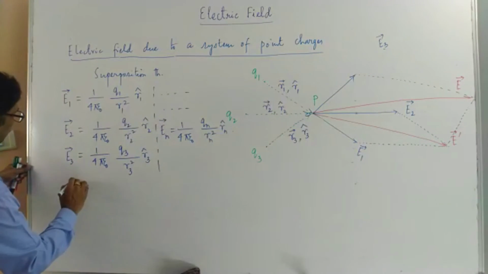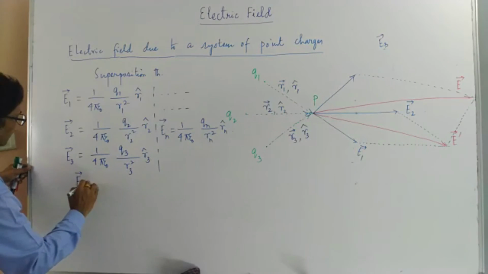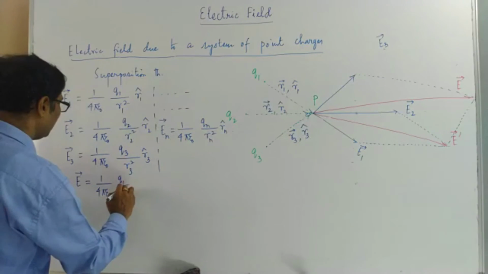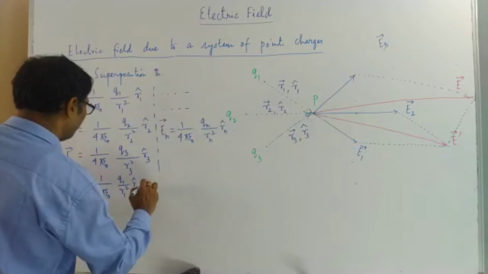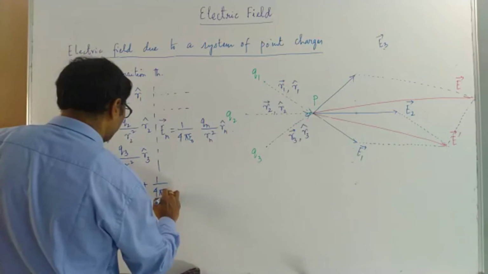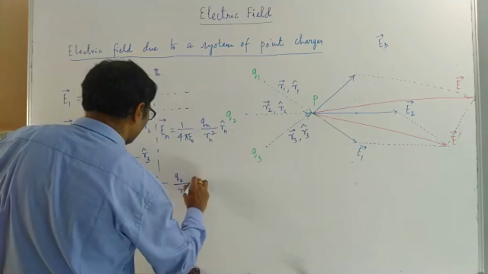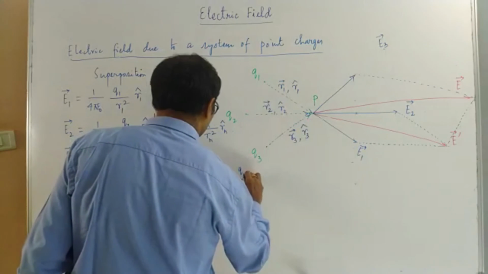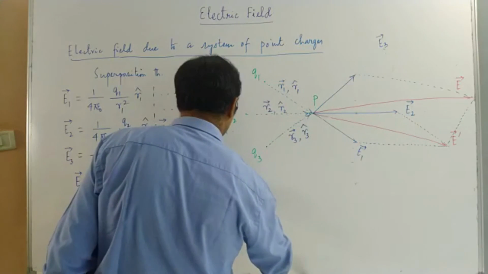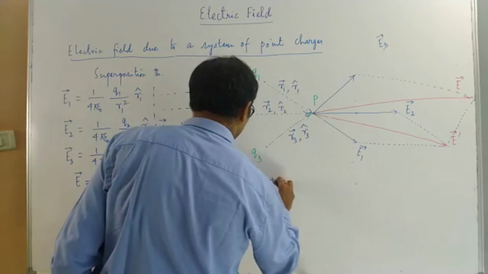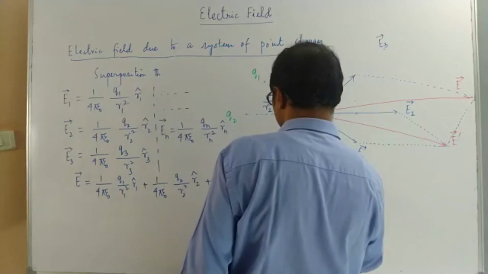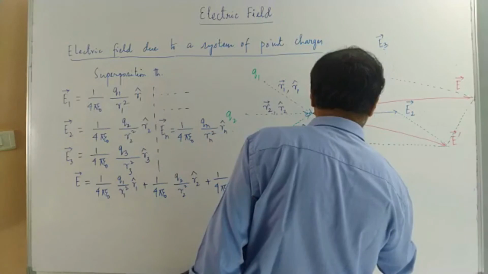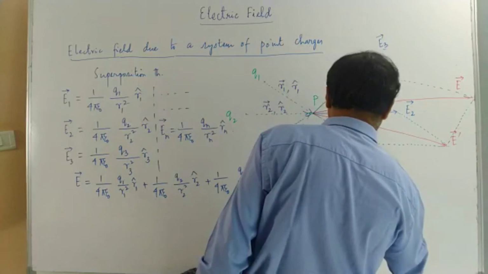So the total electric field produced at point P due to a system of n charges can be written as 1 by 4 pi epsilon 0 Q1 by R1 square R1 cap plus 1 by 4 pi epsilon 0 Q2 by R2 square R2 cap plus 1 by 4 pi epsilon 0 Q3 by R3 square R3 cap. So you have n such electric fields, and the nth term should be 1 by 4 pi epsilon 0 Qn by Rn square into Rn cap.